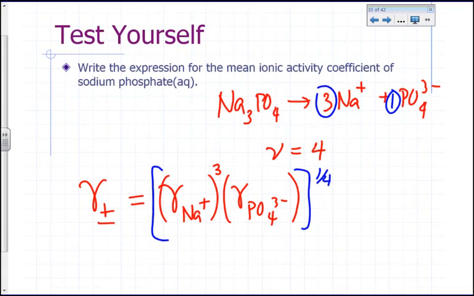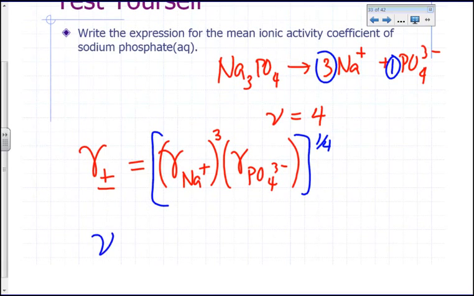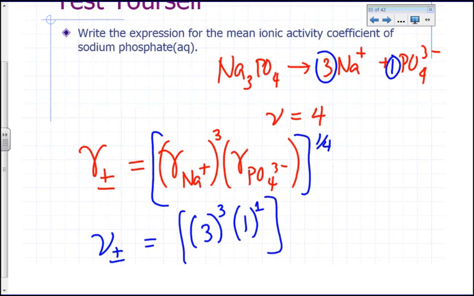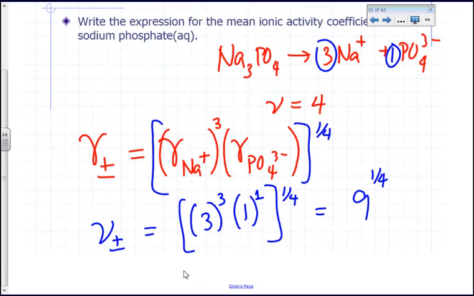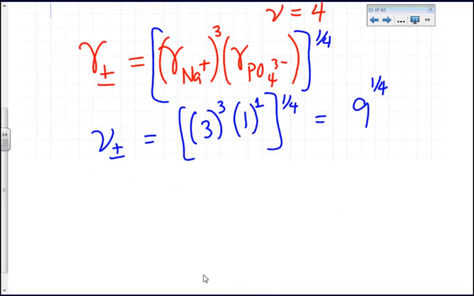What would be our nu plus minus for this one? Our nu plus minus would be 3 cations raised to the power 3, 1 anion raised to the power 1, the whole thing raised to the power 1/4. So that gives us 9 raised to the power 1/4. That's our nu plus minus. So how would we write our mu for this one?